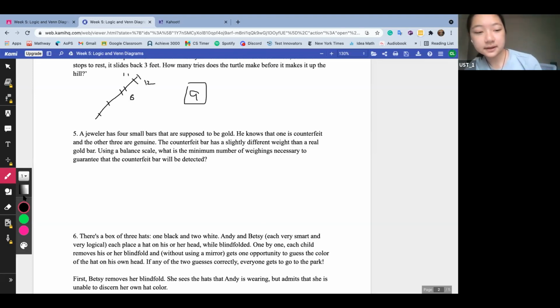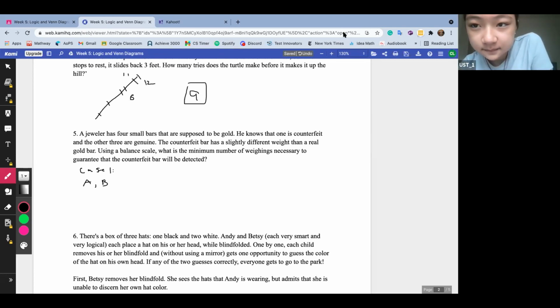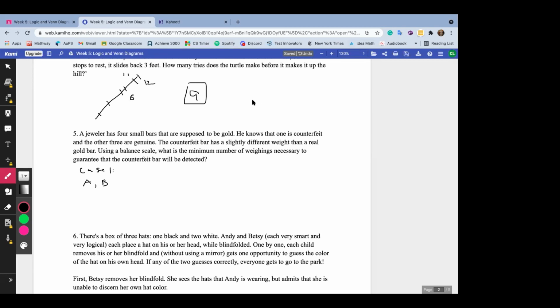Okay, so some people are getting a bit confused, so I'll just explain it. So we have 2 cases. Let's say you first take 2 bars. This is case 1. You have bars A and B. If they weigh equal, they're real gold, right?